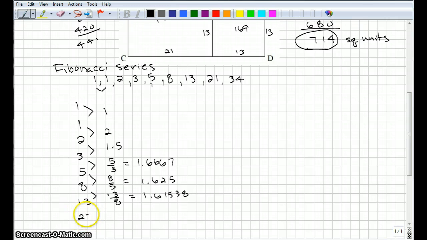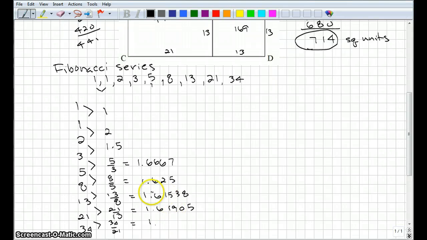Okay, next number is 21, and 21 over 13. If I plug it into a calculator and get it in decimal form, I get 1.61905. And just for the heck of it, I'm going to go ahead and do 34. If I take 34 over 21, I get 1 point, hang on a second, I think I'm off here somewhere.